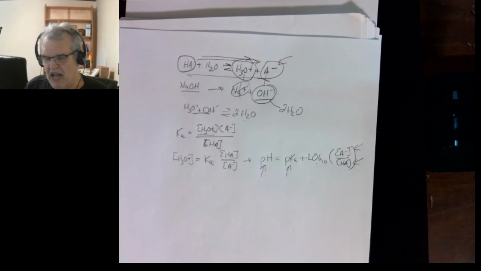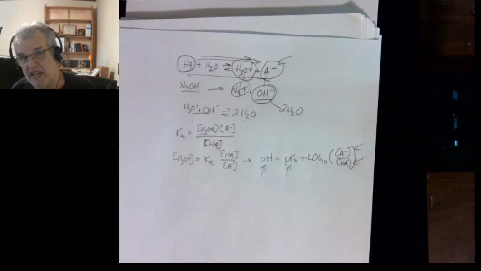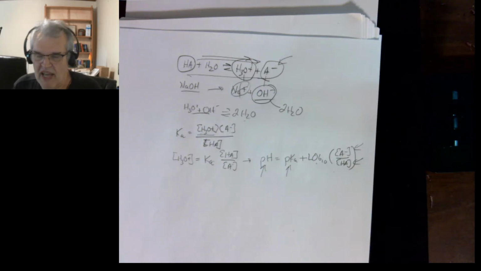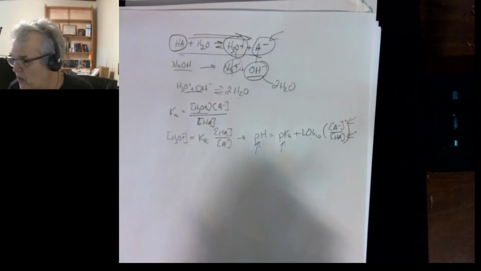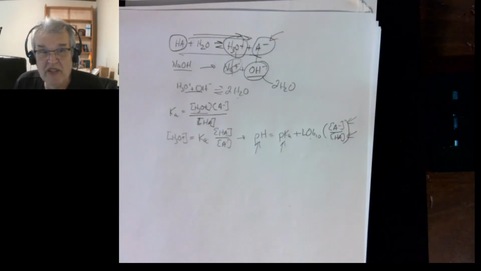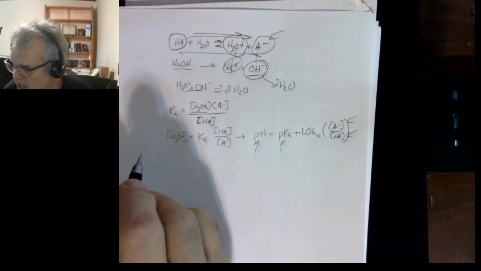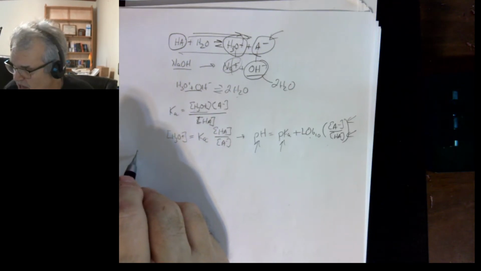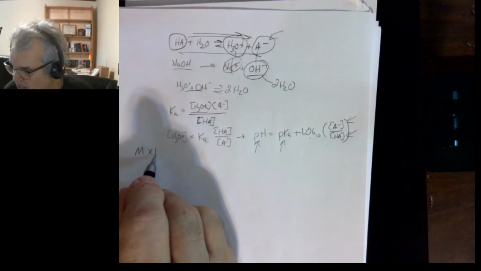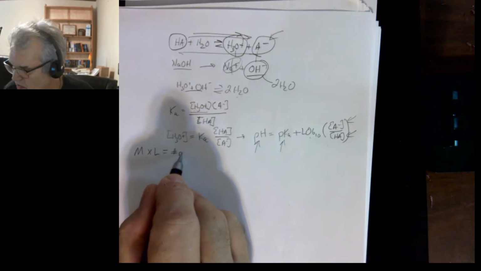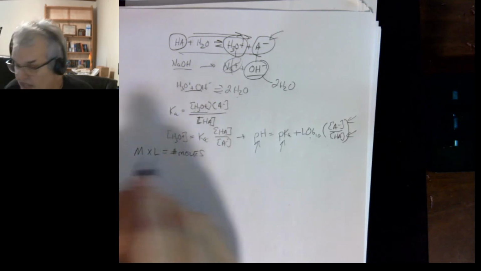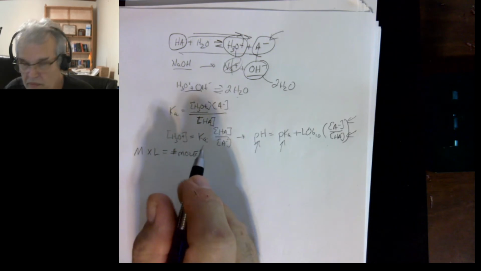But let's not use moles. Let's use something that makes it a little bit easier, and that's millimoles. And I hesitate to introduce these, but it's so much easier if you can use millimoles. What's a millimole? A millimole is just 1,000th of a mole. And the reason we want to use them is because you know that molarity times liters equals number of moles, right? You know that. That's the M1V1, whatever.